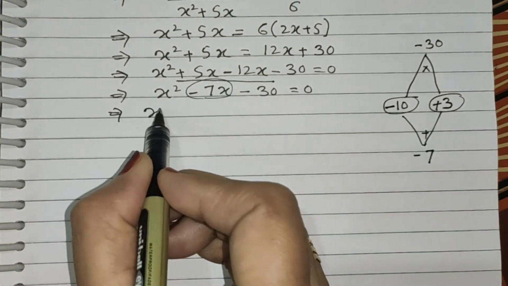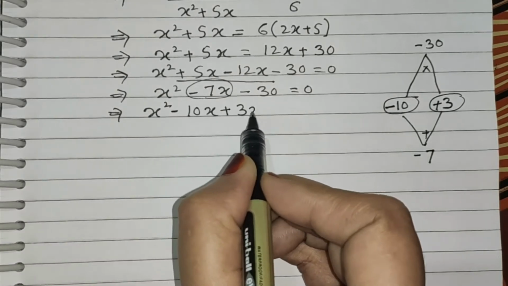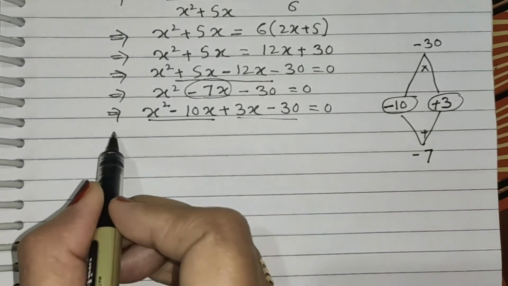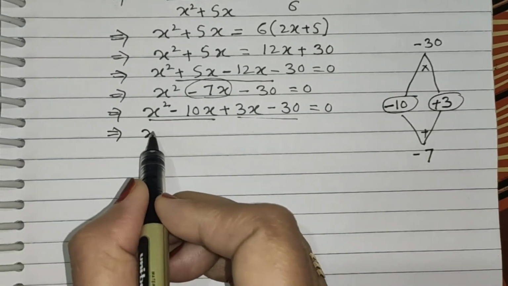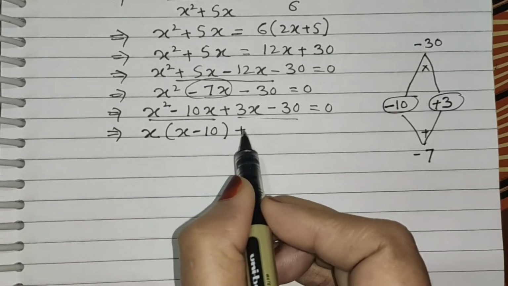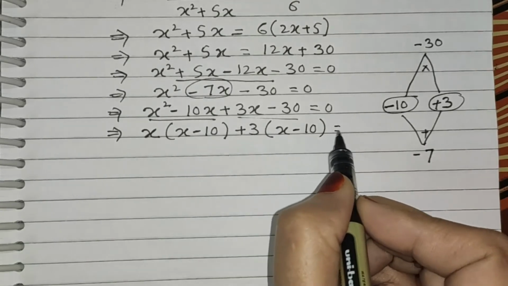We get here x square minus 10x plus 3x minus 30 is equal to 0, making two groups. Take out common here. x, remaining one is x minus 10. In the second group, 3 is common and remaining one is x minus 10 is equal to 0.